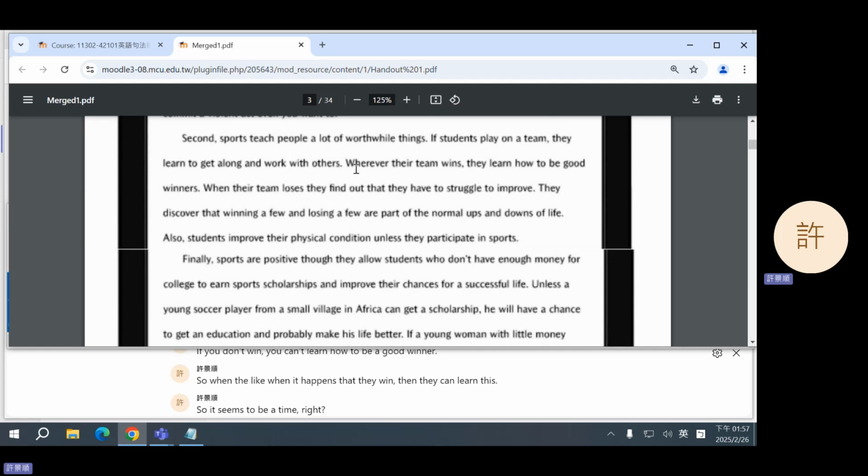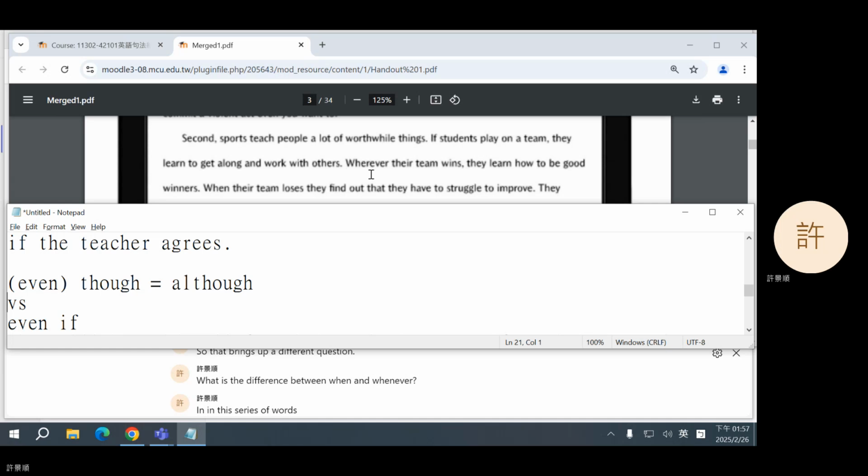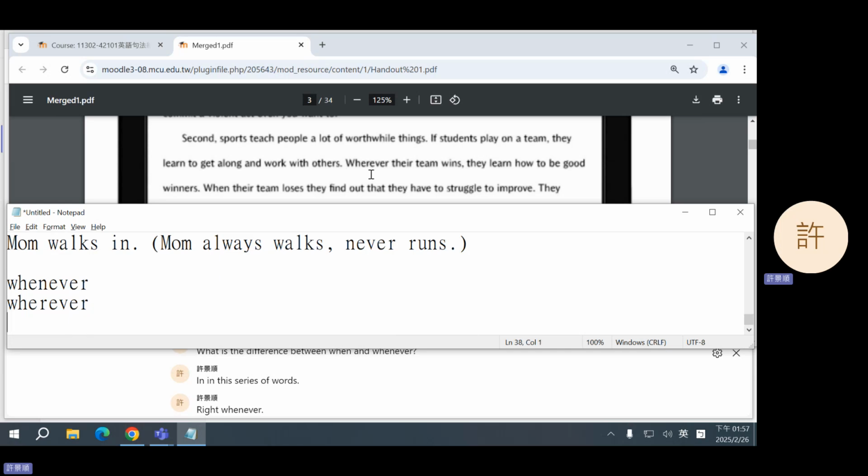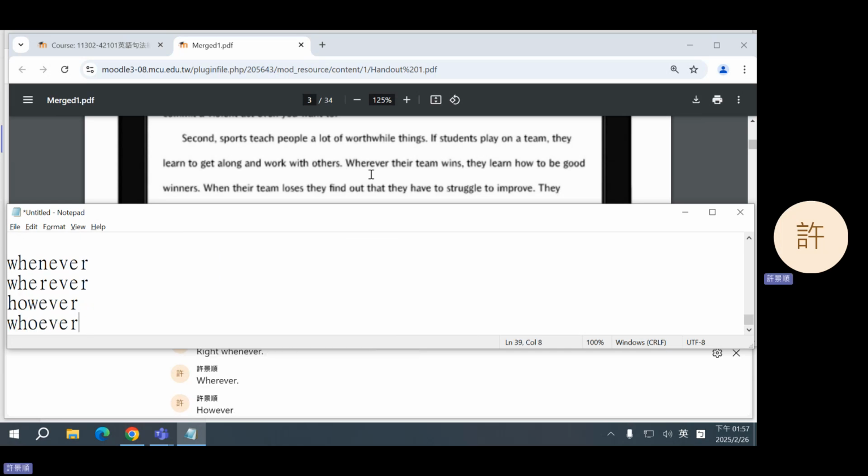So we can change wherever into, good, whenever. So that brings up a different question. What is the difference between when and whenever? In this series of words, right? Whenever, wherever, however, whoever.